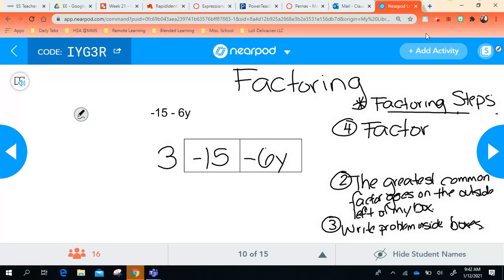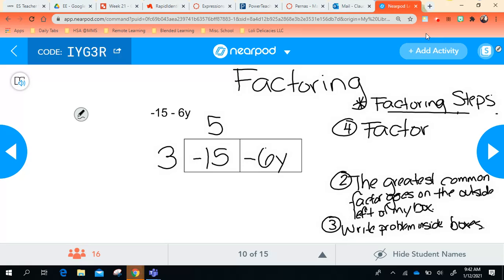One, just using your head. One, using your calculator. So, once you get to this point, how many times does 3 go into 15? It goes into 15 5 times. But what happens to that negative? Well, it goes into negative 15, negative 5 times.